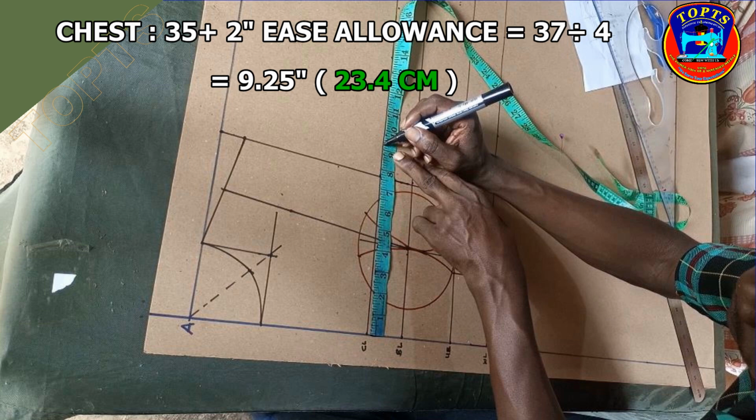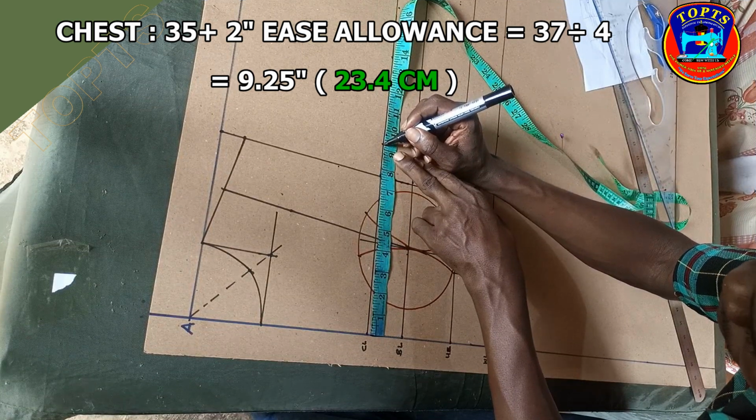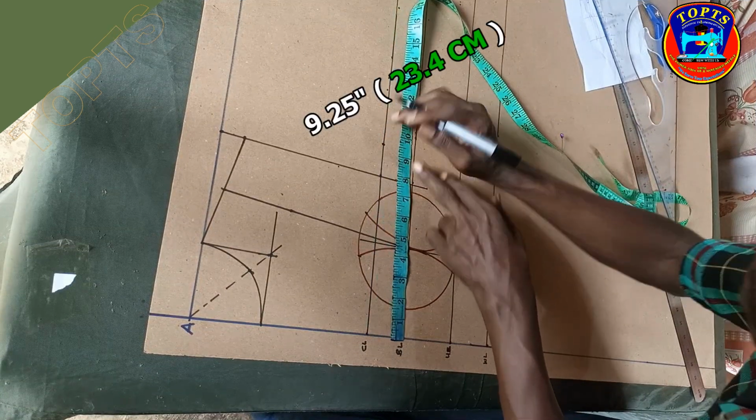You need to add 2 inches allowance for a tight fit, but if you want a loose fit you can add 4, 5 depending, but since this is the bustier, you just add 2 inches allowance, giving me 37. I divide by 4, giving me 9.25 inches. So I mark my 9.25 inches here.